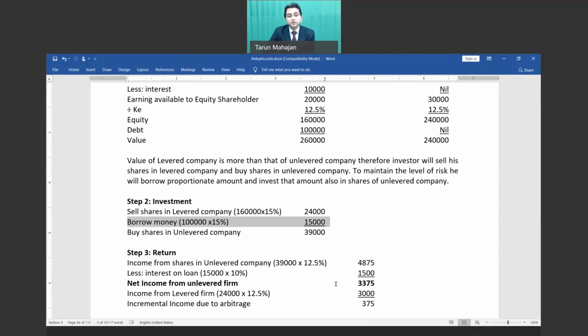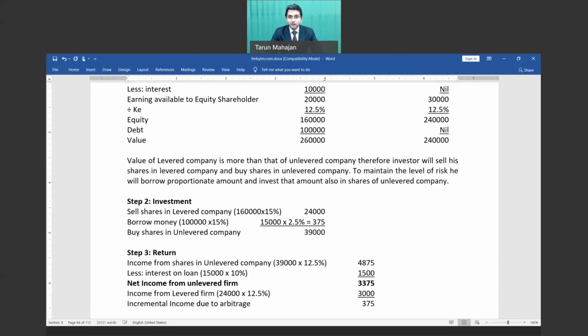And your cost of borrowing is 10%. So you borrowed 15,000 rupees at 10% and you invested 15,000 rupees at 12.5%. 2.5% additional return. So 15,000 multiplied by 2.5% will actually give you 375 rupees. That's the shortcut to cross-check.